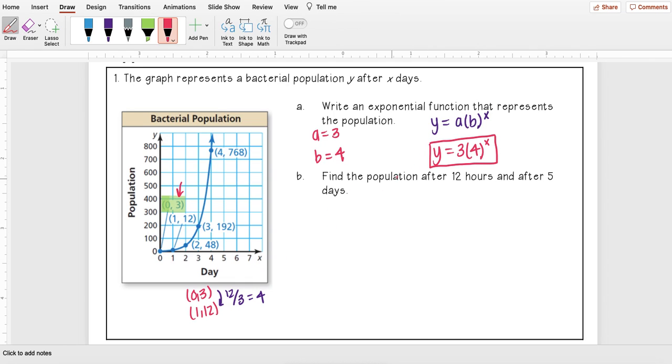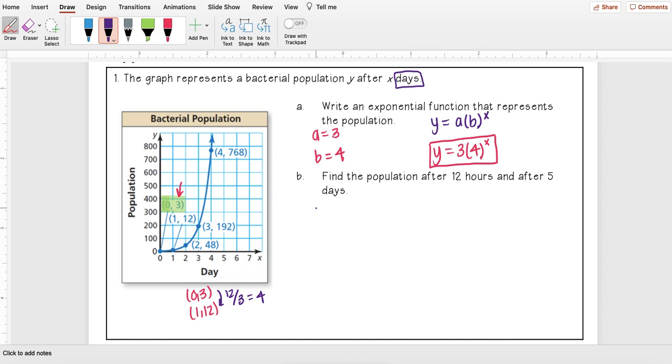Now I'm going to use that to find the population after 12 hours and after 5 days. So let's first look at the 12 hours. Here they're trying to trick you, because remember x stands for the number of days. So I need to figure out how many days is 12 hours.